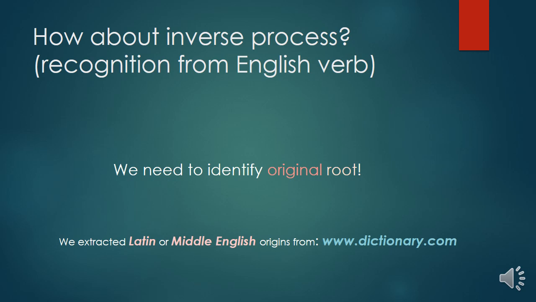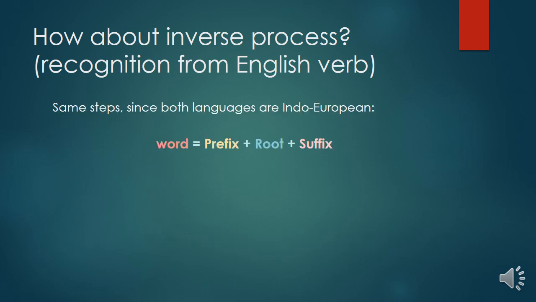In this presentation we extracted the related origin of the words from dictionary.com, and the remaining steps are the same because both languages are Indo-European, and the main feature of Indo-European languages is this formulation: a word is composed of prefix, root and suffix.